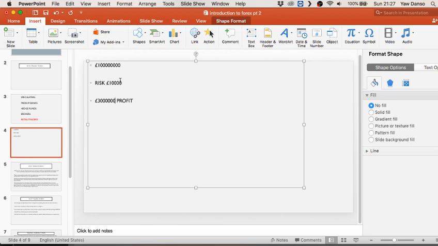So they'll risk just 1% of that and then make 3% of the risk. So if they risk £10,000, they're going to make £30,000 easily, and it's not hard to make that money if you have this as your account size.